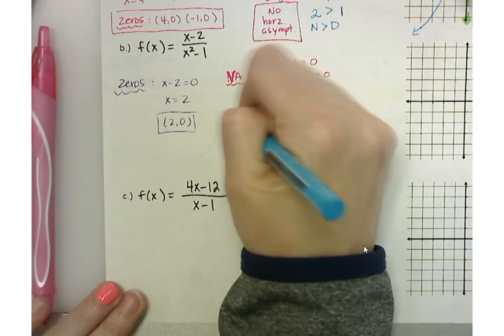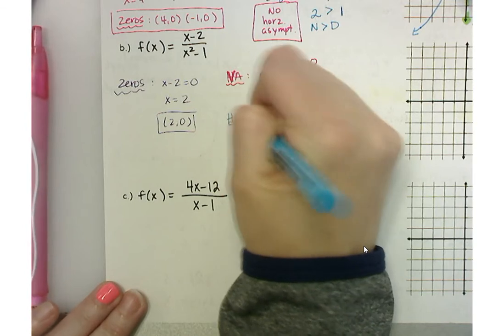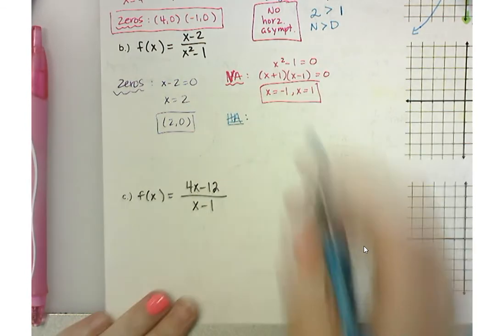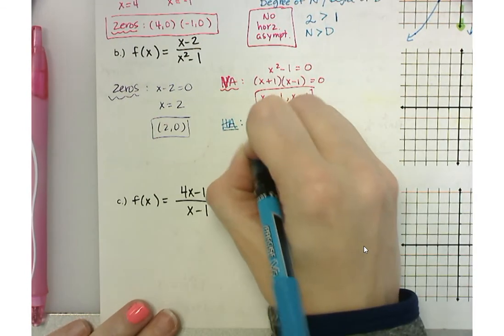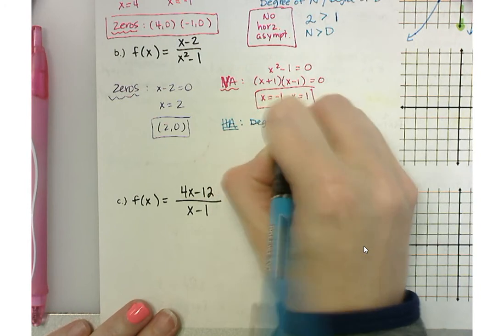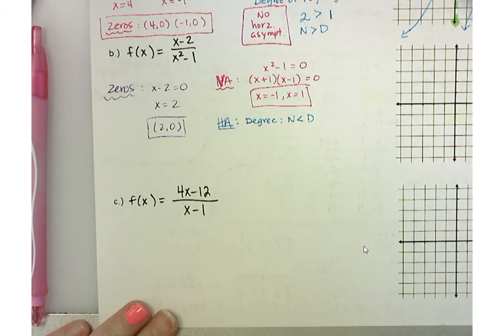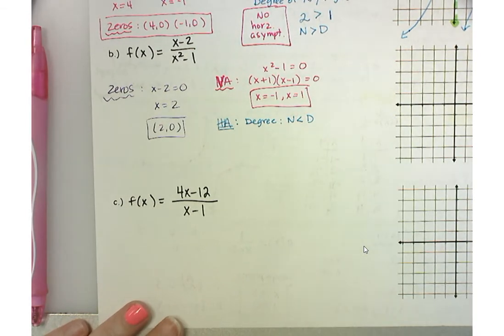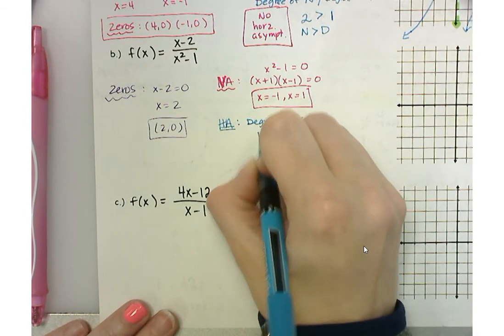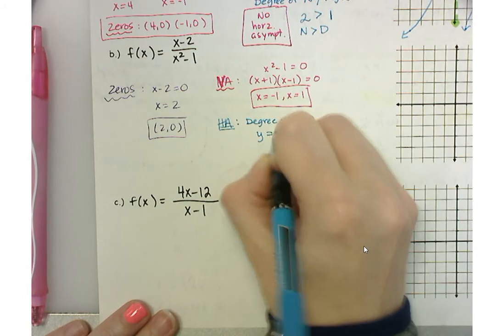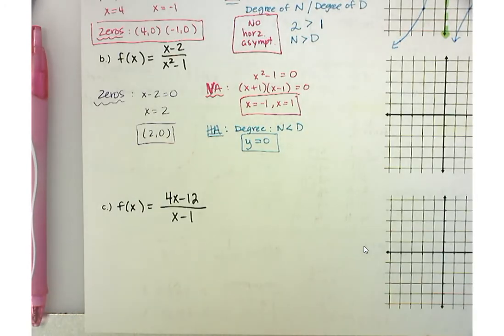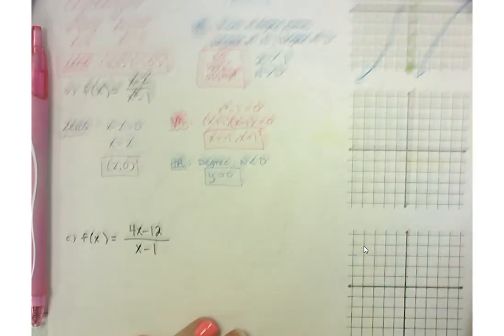All right, we ready to see what this thing looks like? Oh, I also wanted to put on there, so I have 2, 0. Do you guys feel like that's weird? Yes. Why? Because your asymptote is there. Now, with rational functions, horizontal asymptotes can be crossed, vertical ones cannot.